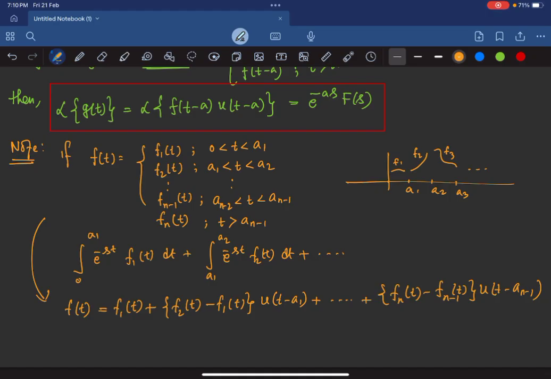This is a standard representation for this type of function. Suppose a function is defined like this, then immediately you can take help of this form as well. So keep this form in mind.